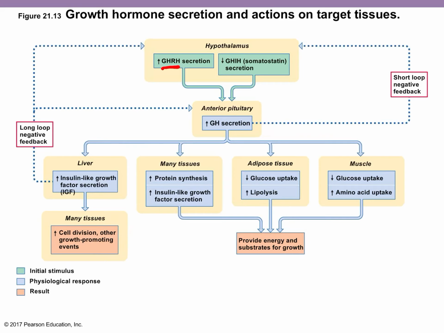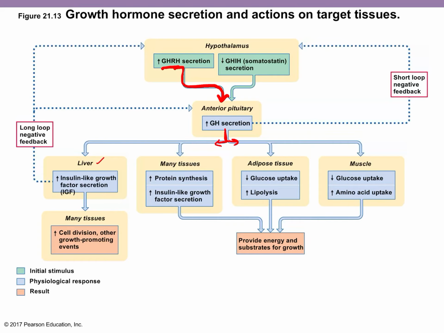Growth hormone releasing hormone is secreted from the hypothalamus. Let's just follow this one first. It's going to promote the anterior pituitary to secrete growth hormone. So here's our growth hormone. That goes into the bloodstream, and in the liver, it's going to promote the secretion of insulin-like growth factor, which is abbreviated IGF.